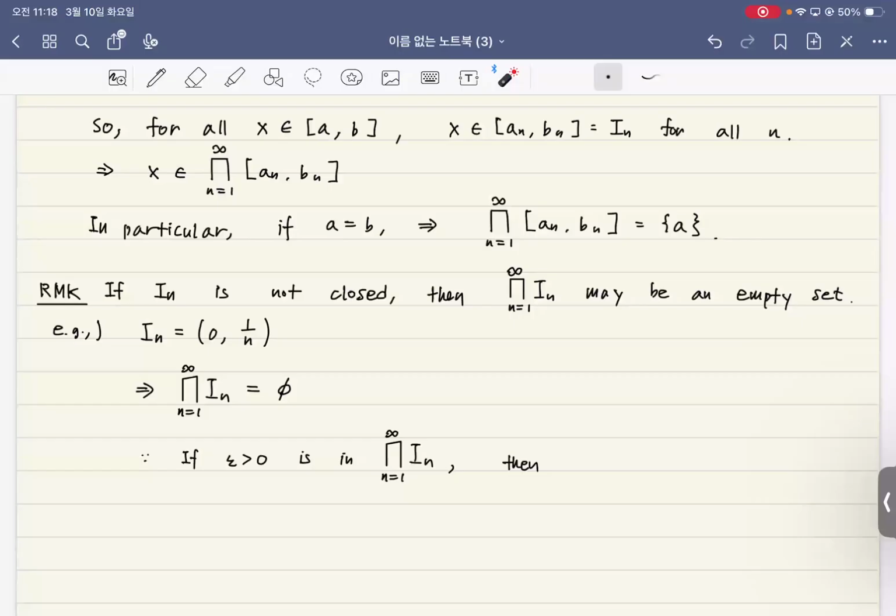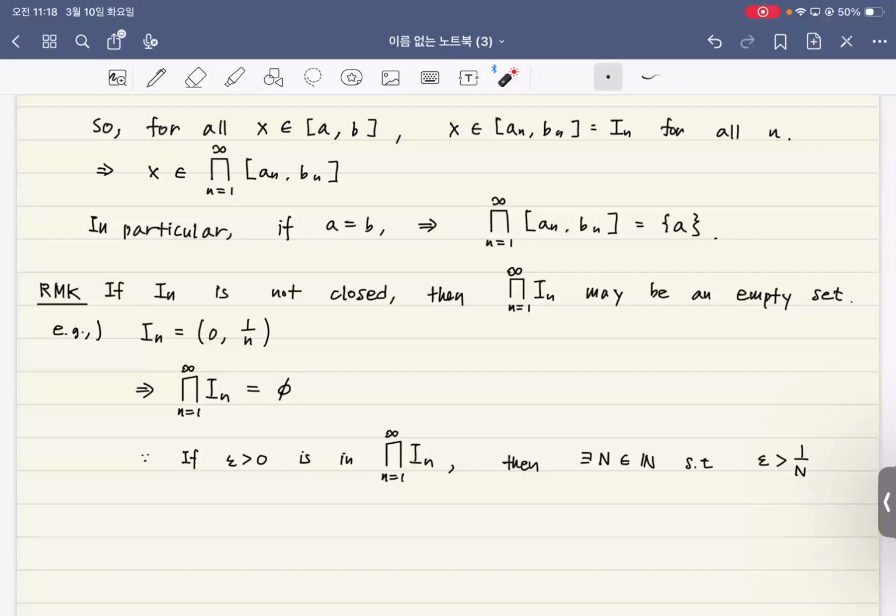But no matter how small your epsilon is, you can still find an integer n such that epsilon is greater than 1 over n. Even if your epsilon is 1 over a million, if you choose n to be a trillion, then clearly epsilon is greater than 1 over n.